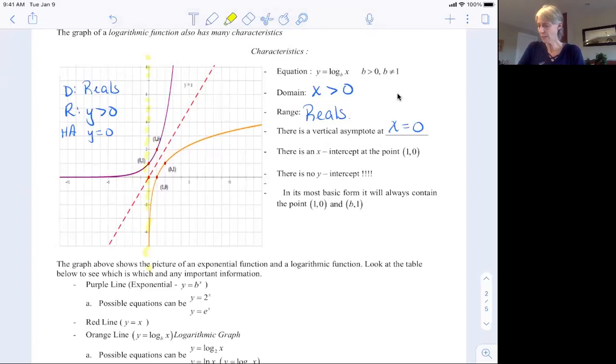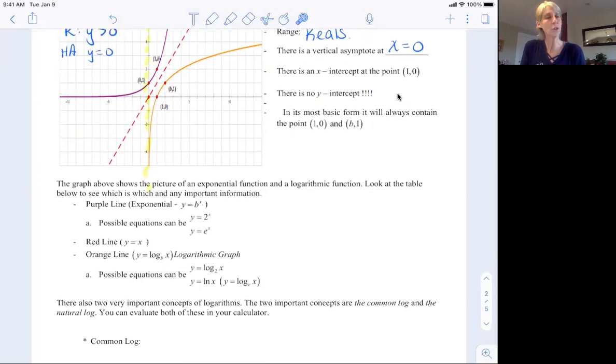We're going to have an x-intercept at (1, 0) in its most basic form. We're always going to contain the point (b, 1), similar to the exponential function. And lastly, there's going to be no y-intercept to a log function in its most basic form because of the fact that we've got that vertical asymptote there.